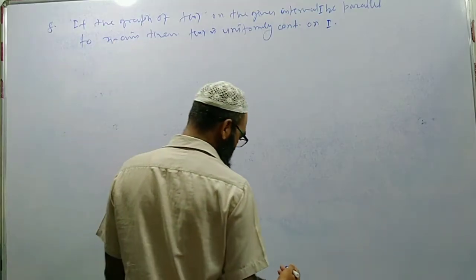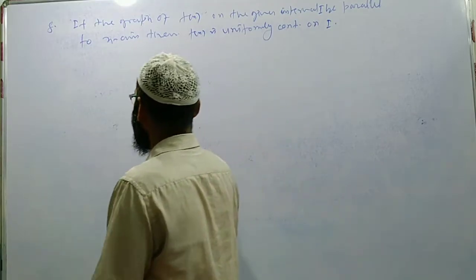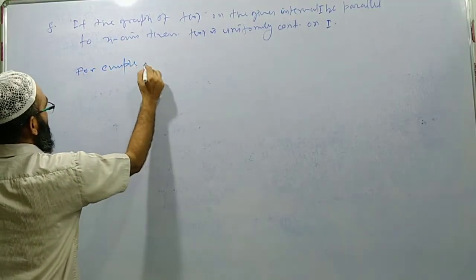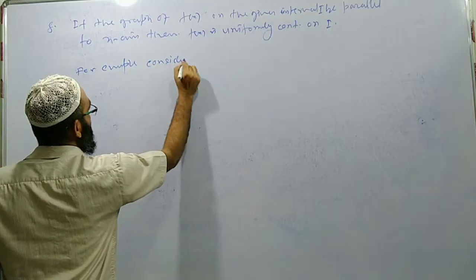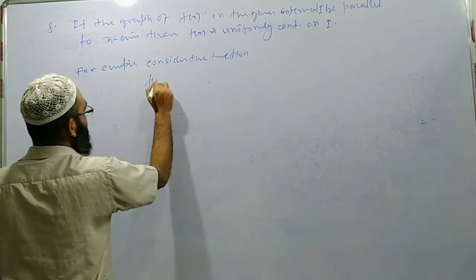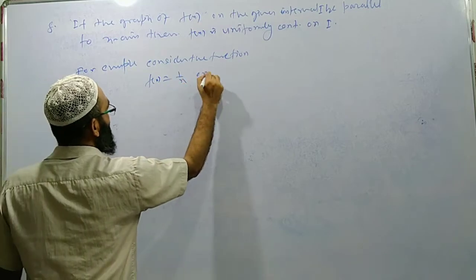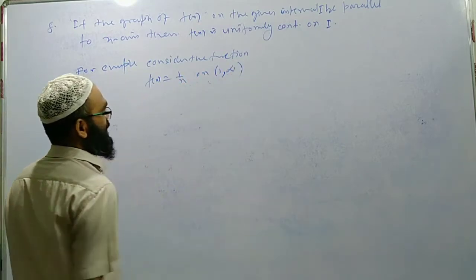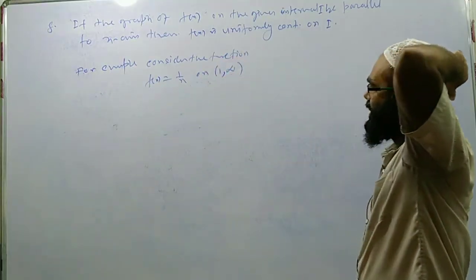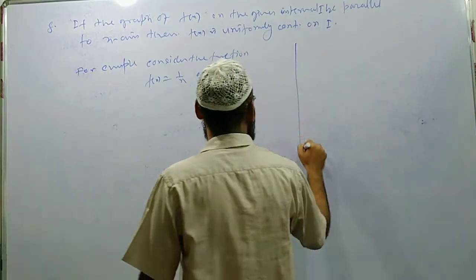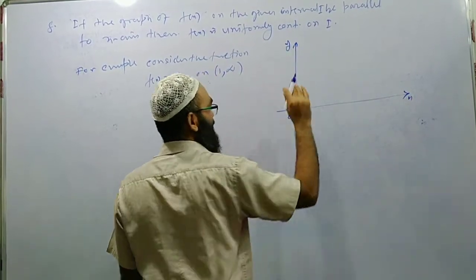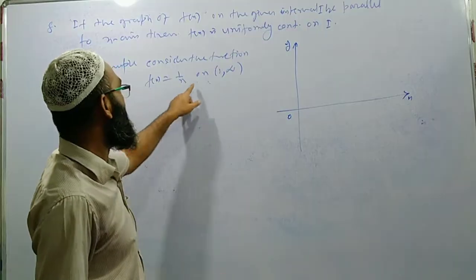For example, consider the function f(x) equal to 1 by x on (1, infinity). Observe the graph of the function. Here we take the graph from 1 to infinity.